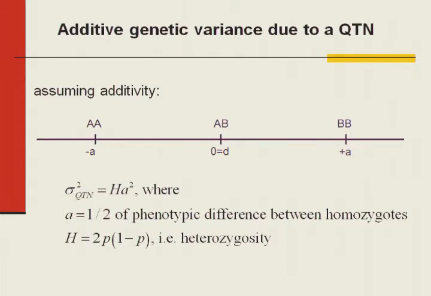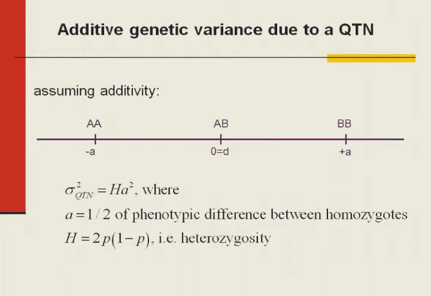And this 2p(1-p), the heterozygosity, the allele frequencies, takes it up to an effect level on the population. So it may be that I have a variant that causes a gigantic increase in cholesterol levels in each person who carries it, but it's extraordinarily rare. So the variance in the population that the QTN accounts for could be small.